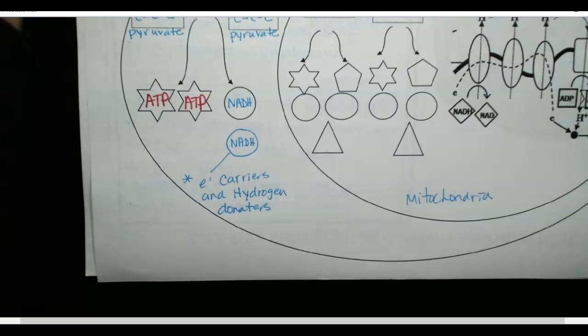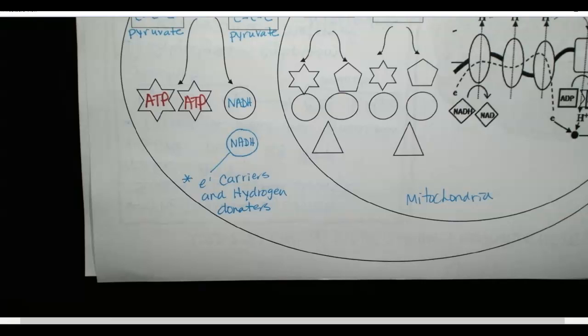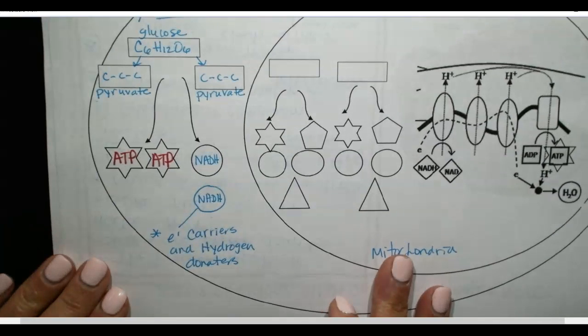Doesn't look right to me. But their job is literally to take electrons and to take hydrogen to the last step. Okay, that's their job. Because in order to crank out all of the ATP that has to be made, we have to have hydrogen ions and we have to have electrons, okay? Hence the electron transport chain. So we have to have something to provide us with that. And those NADH molecules do that, okay? So that's what happens in glycolysis, okay?